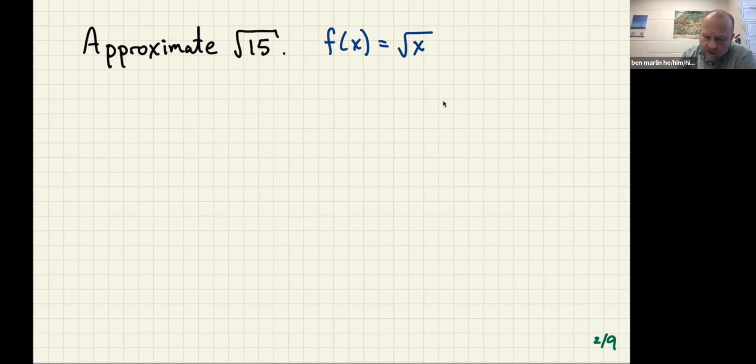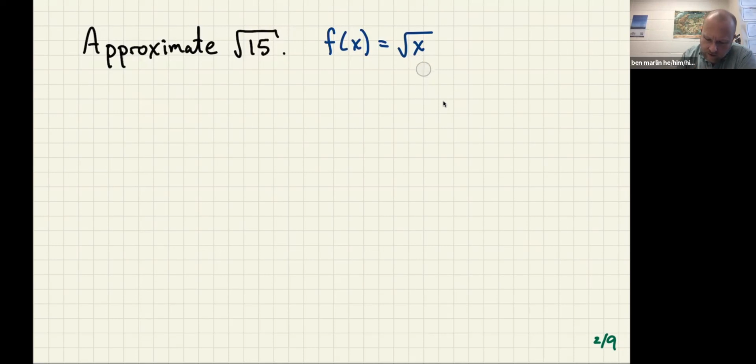So here in this, you've got to think about both the f and the f prime are going to have a square root in them. I have to be able to plug in x values that I can take the square root of in my head.